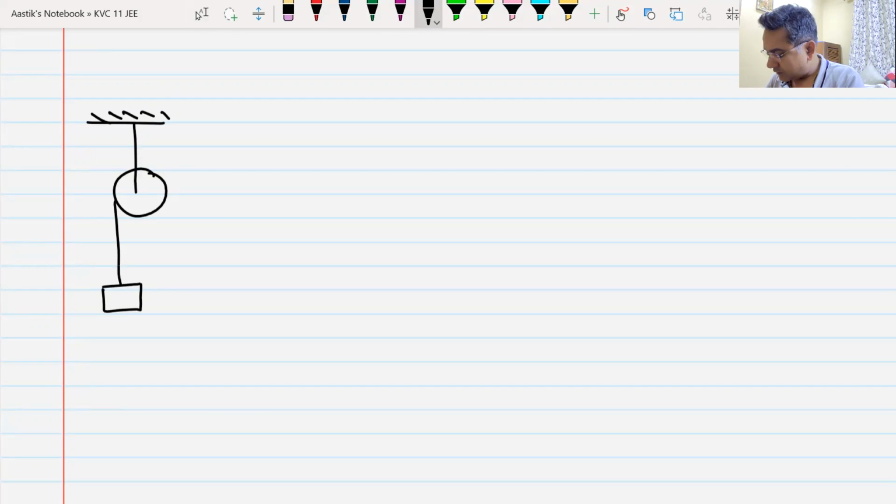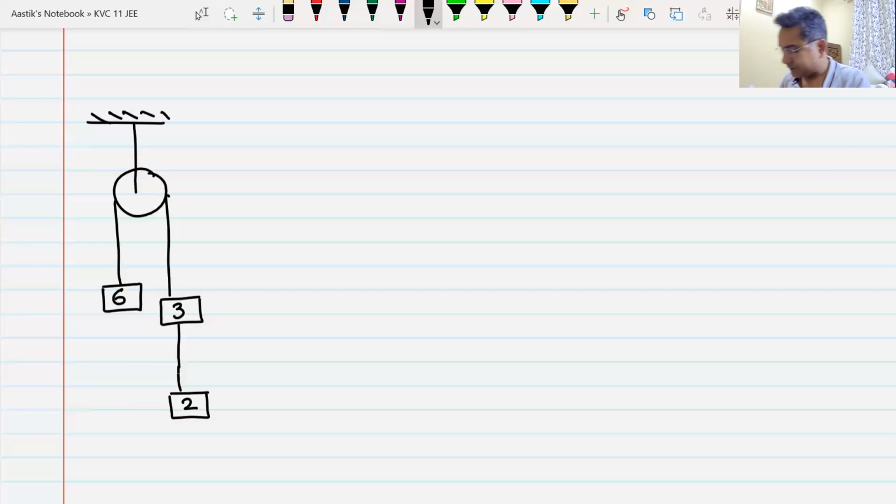This is a block of 6 kg. This is a block of 3 kg. And this is a block of 2 kg. Can you tell me the acceleration of this system and tension?